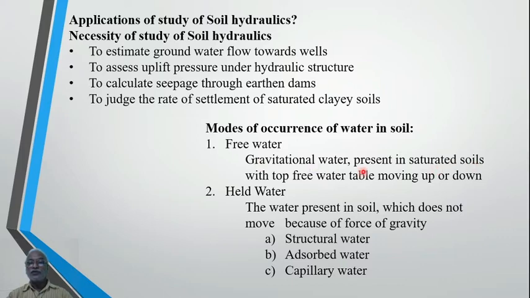It is also called gravitational water, present in saturated soils with the top free water table moving up or down depending upon whether the water is sucked out or recharged. Held water is the water present in soil which does not move because of the force of gravity. It is structural water, adsorbed water and capillary water.